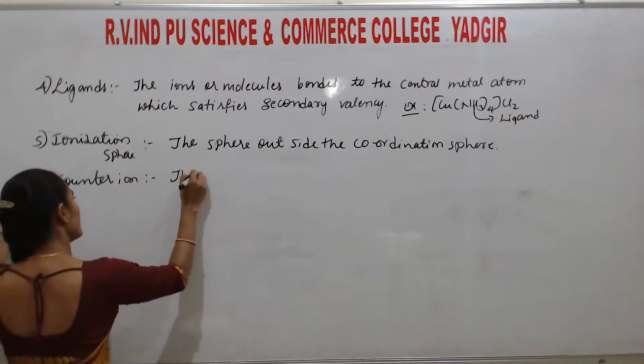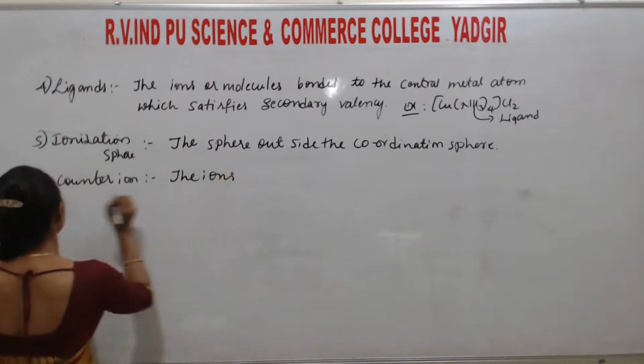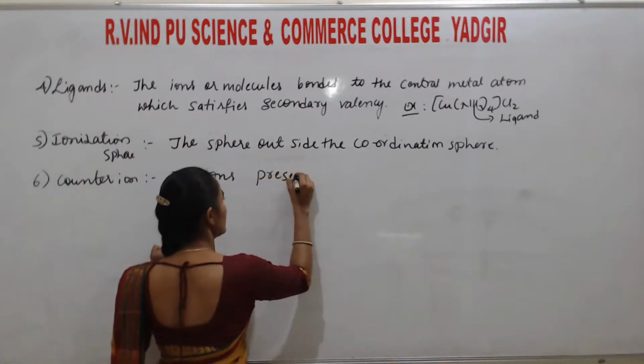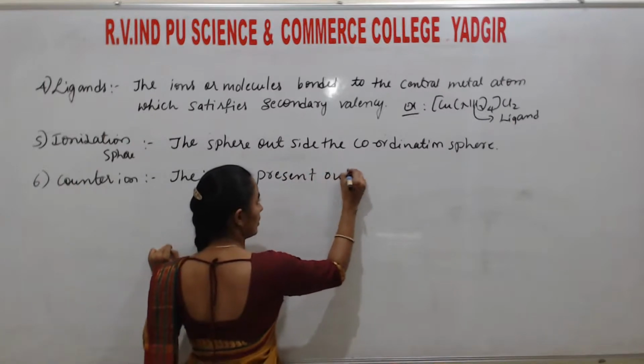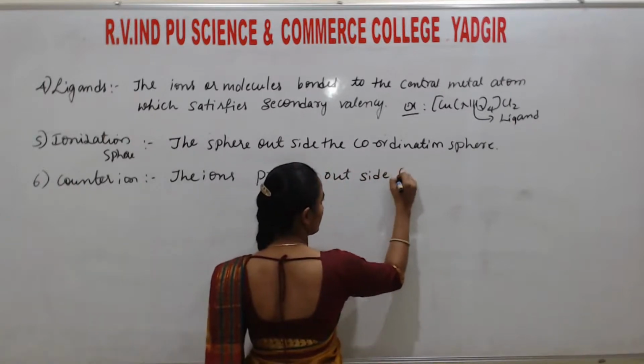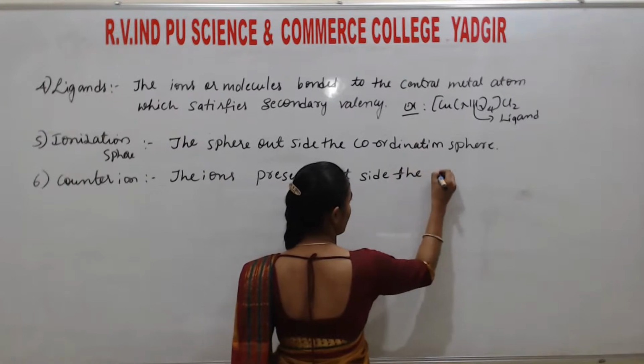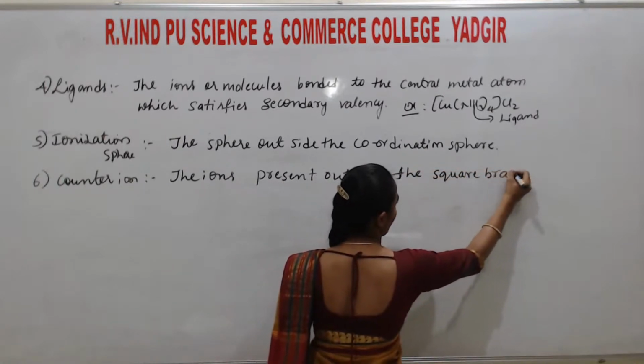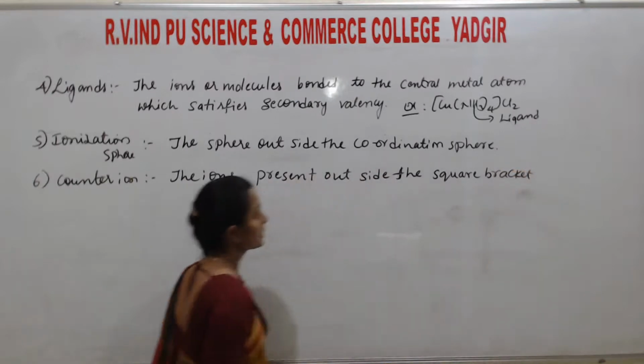Okay, the ions present outside the square bracket are called counter ions.